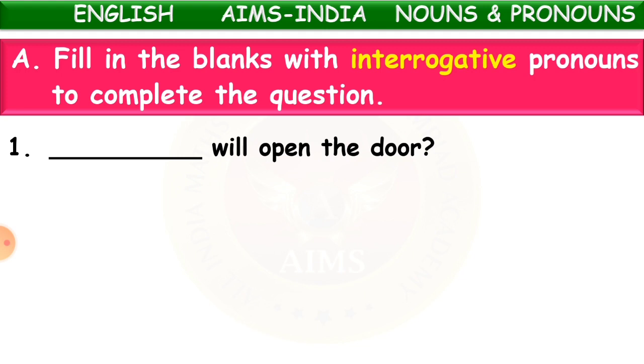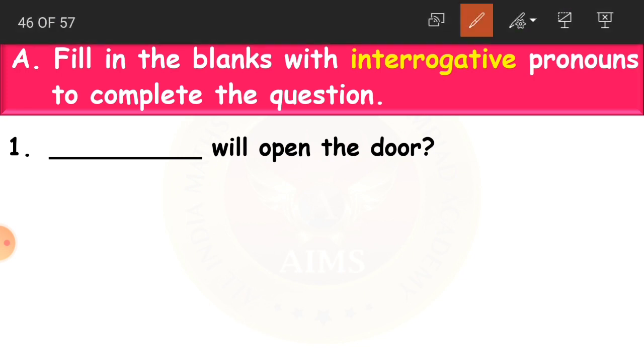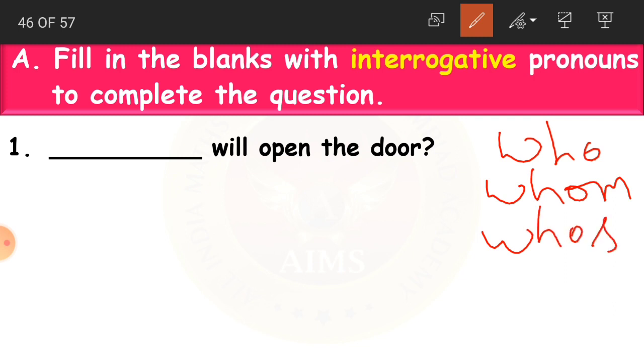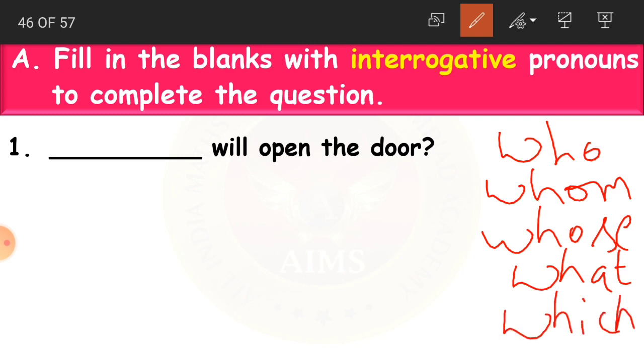Who, whom, whose, what and which. These five words you have to remember. I'll just write it for you here. Who, whom, whose, what and which. These are interrogative pronouns, children.